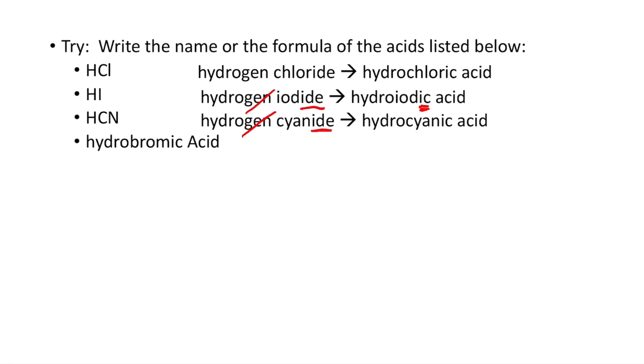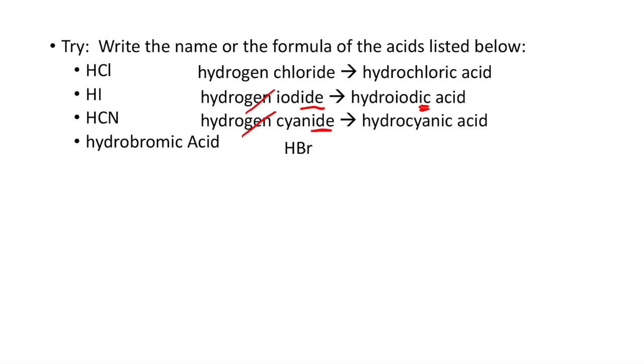Note that there are 3 different elements in this one because CN is a polyatomic, but because none of them are oxygen, even though it's a polyatomic, it follows the binary acid rules. It is not an oxy acid. And then hydrobromic acid, you're given the acid name, you're making the formula, so it is HBr.